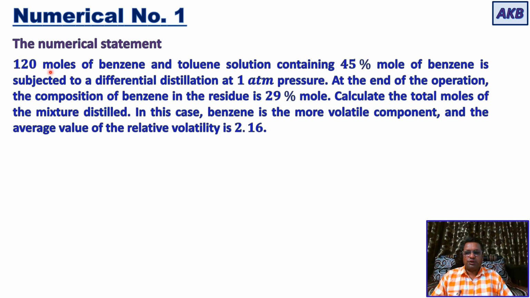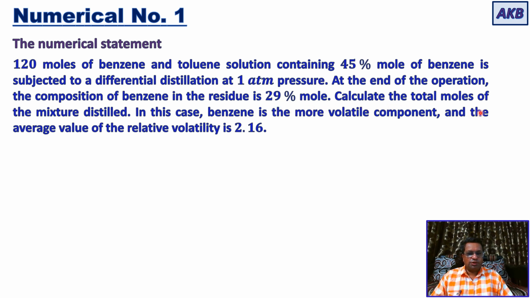Okay, so you have 120 moles of benzene and toluene solution, which is containing 45% mole of benzene, and it is subjected to a differential distillation. Differential distillation, as you know, is the other name of simple distillation. The solution is subjected to a differential distillation at 1 atmosphere pressure. At the end of the operation, the composition of benzene in the residue is 29% mole.